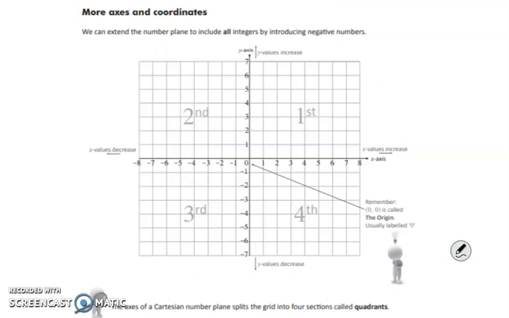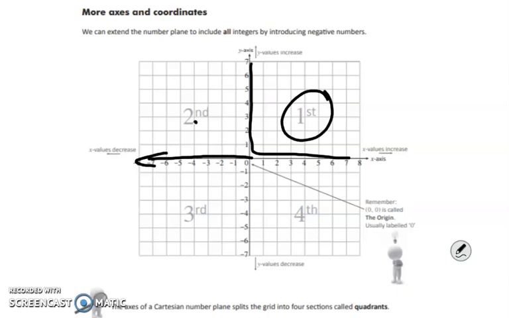On the next page, this is just an information page talking to you about what the different quadrants are called, and the fact that it includes all integers by introducing negative numbers. So you'll see that here, this is what we were dealing with before in quadrant 1. In quadrant 2 over here, our x-axis goes into the negative numbers.